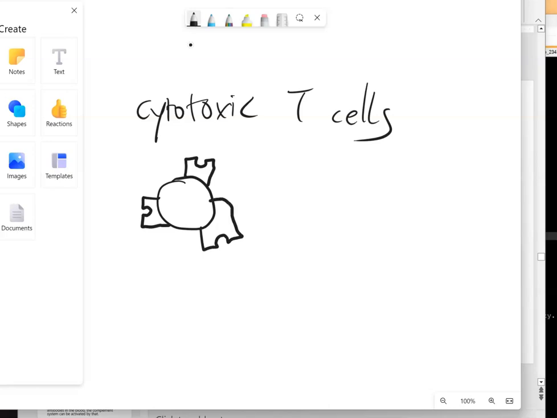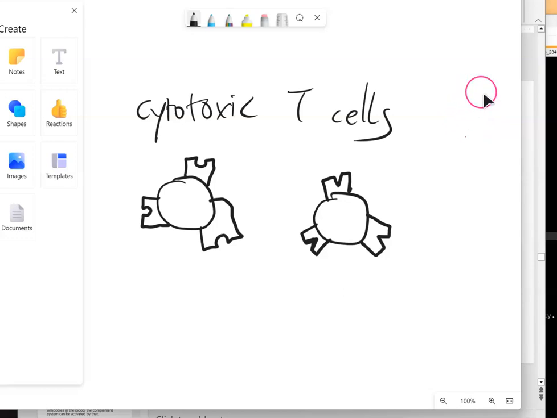I can't draw. The way I drew them is just trying to show you that their T cell receptors have different shapes and are going to detect different things.